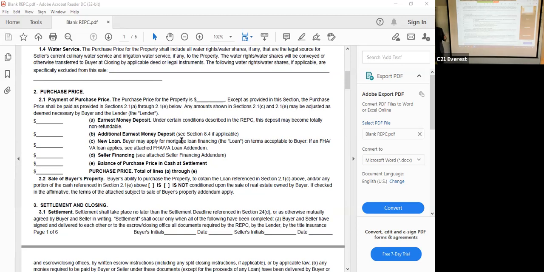If amends weren't made, they would have tarnished their name. We would have had to go to court, and in this case, it was under 10 grand, so it would have been small claims court. But more than likely, whether we would have won or not in court, we would have lost.